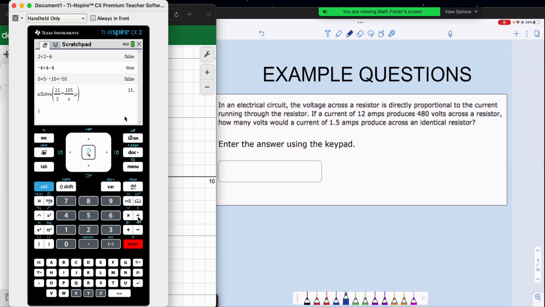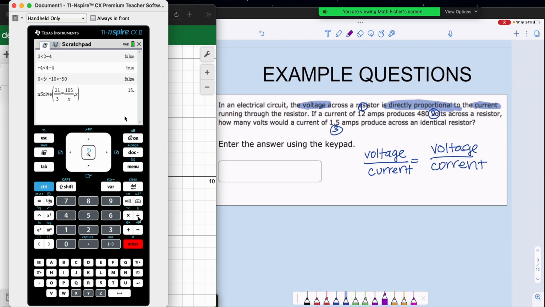So what we need to do is look for varies directly, which is directly proportional right here, and it has voltage over current. So we're going to say voltage over current. And remember, we have three numbers, so it's going to equal voltage over current.